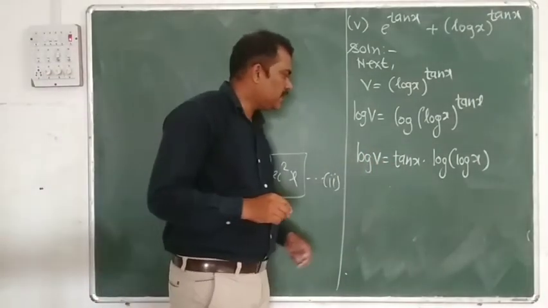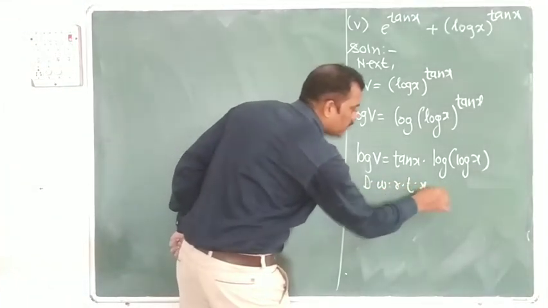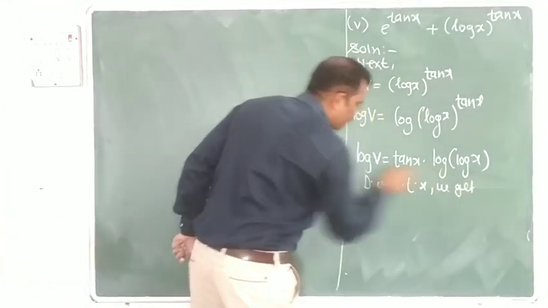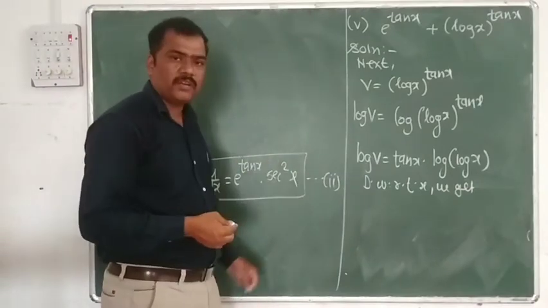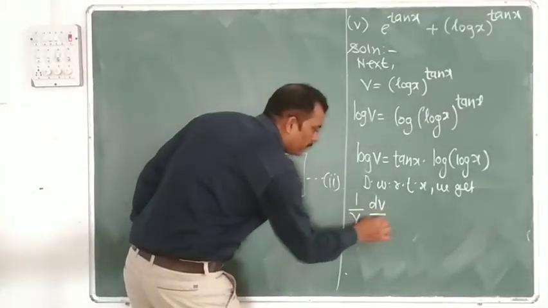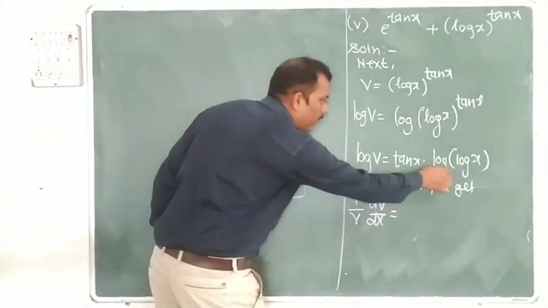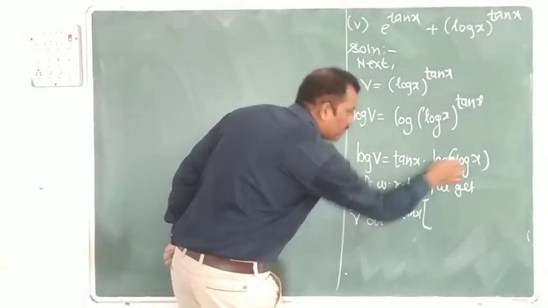Now we have to differentiate this with respect to x. We get the differentiation of log of v, which we write directly, that is 1 upon v into dv by dx, equal to, by using the product rule, tan x as it is, into the derivative of the second function.